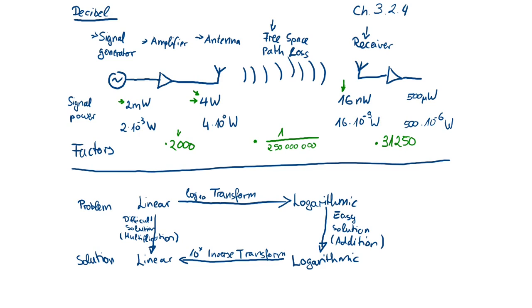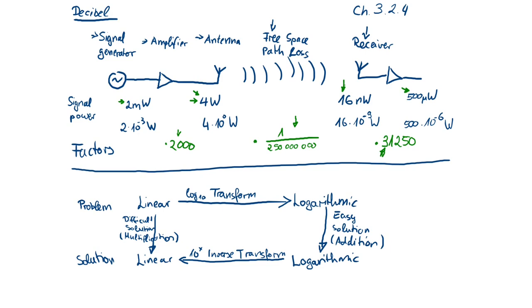But to make it usable, the receiver again has an amplifier which amplifies the 60 nanowatts to 500 microwatts. So you see here very huge factors that we have to deal with, and they are a bit unhandy.